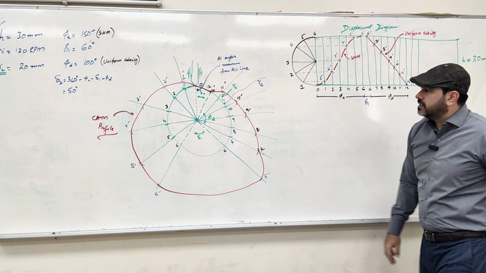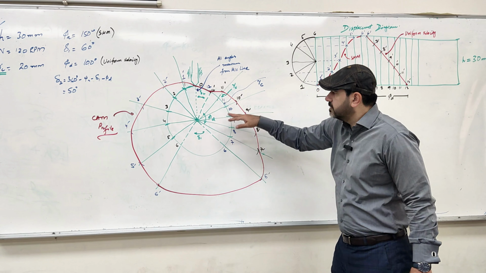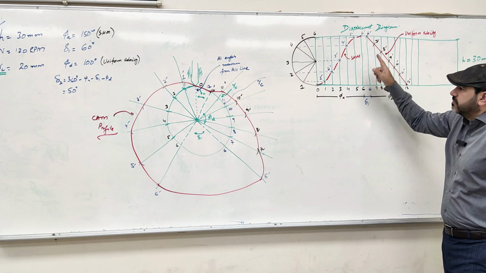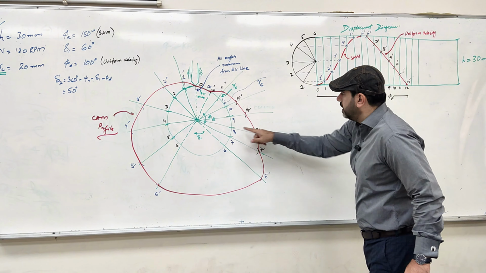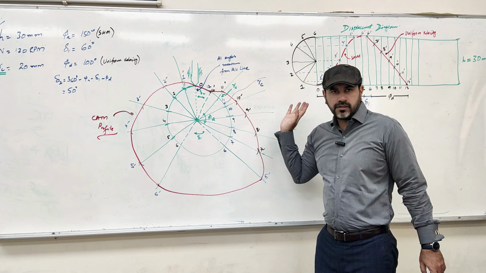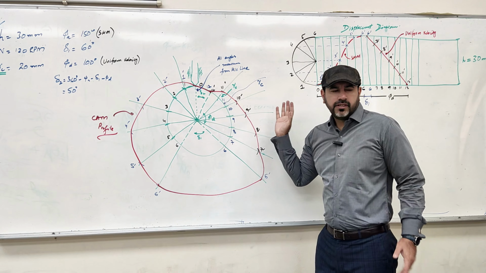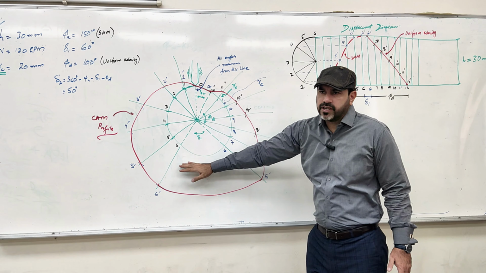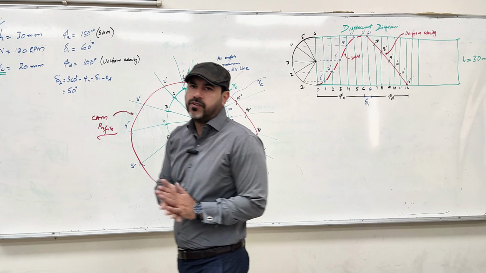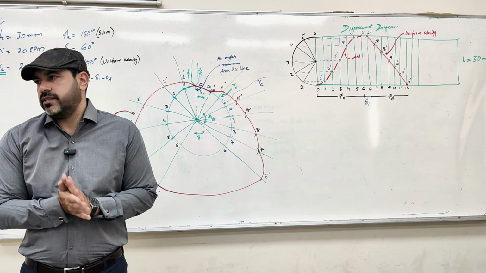Once we get the references, we need to extend these lines, okay, and then measure it from 7 to 7 prime, 8 to 8 prime, 9 to 9 prime. Once we get all these displacement distances transferred over here, all we need is to join. Once you join it, the cam profile is complete.